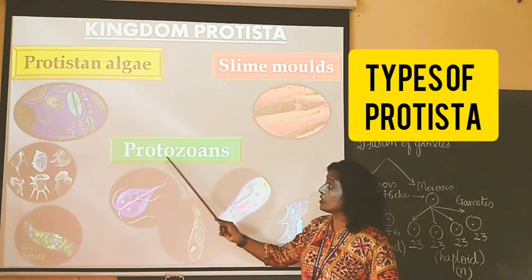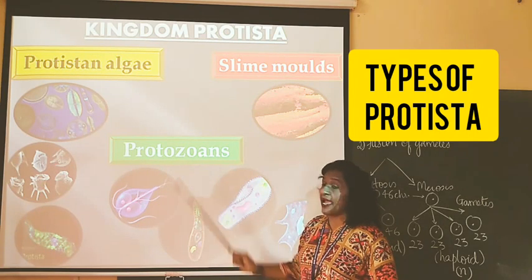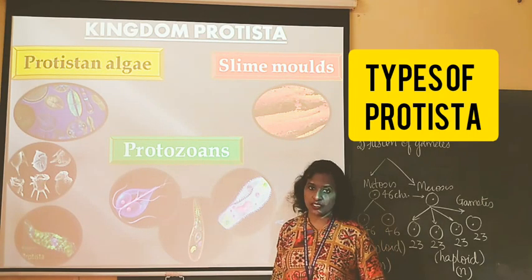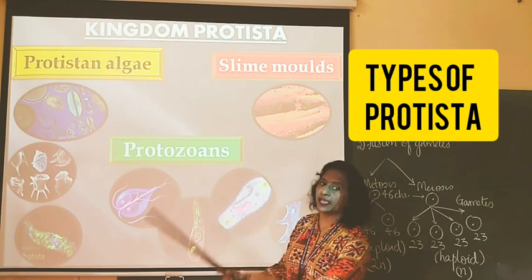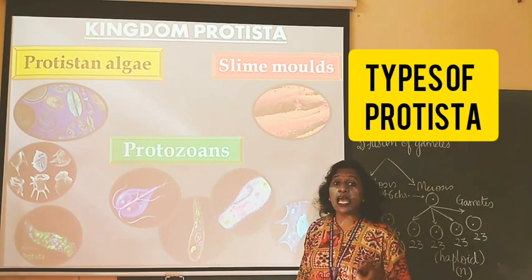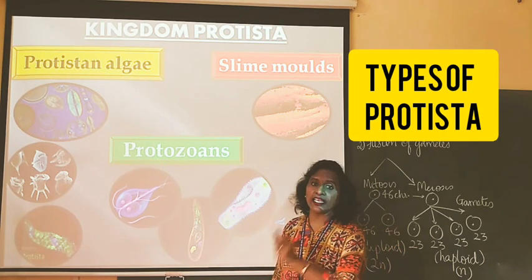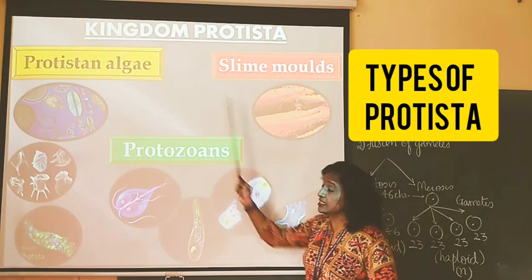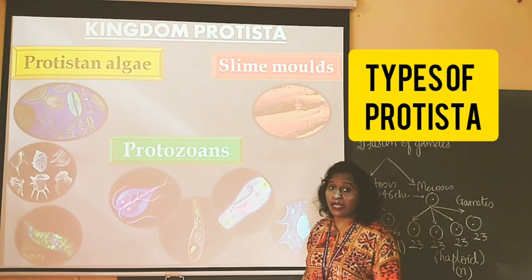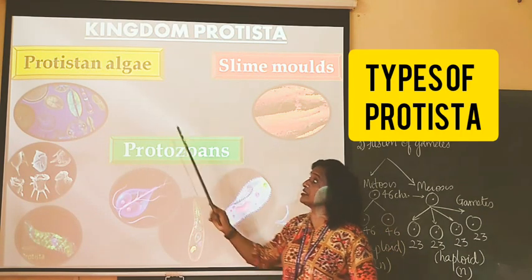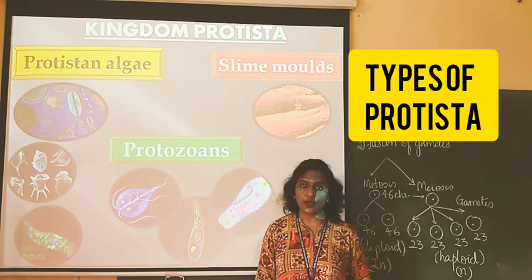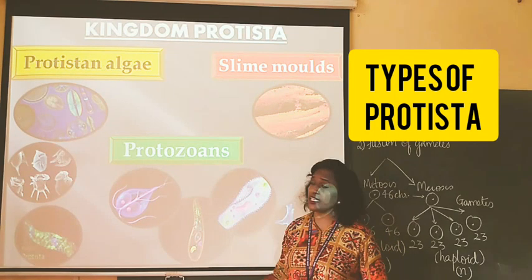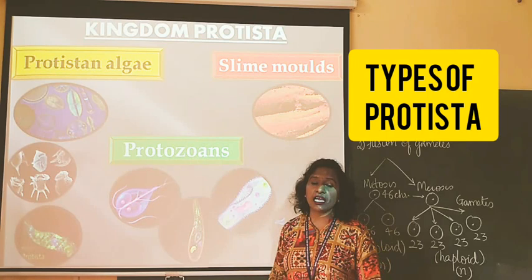Second is animal-like protozoans, which have some features like animals, and slime molds, which are fungus-like organisms. So it was predicted that kingdom Protista has a link between plant, animal and fungi.